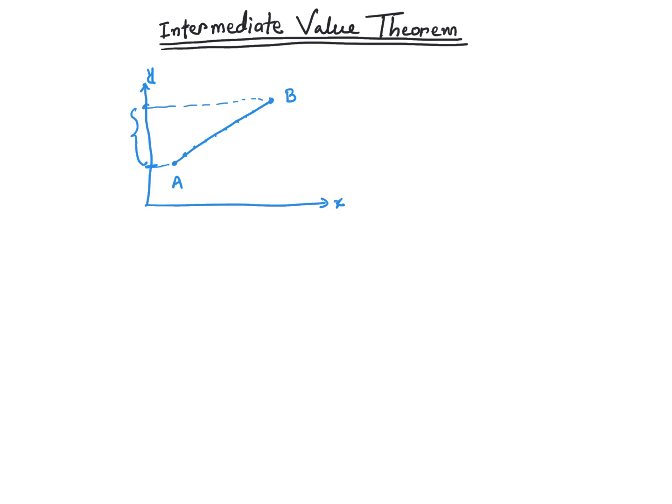If it is a function, this is what happens. For every point on the line, which corresponds to the y-axis value of this, there is a corresponding x value. And it is true for any point on the line A to B.